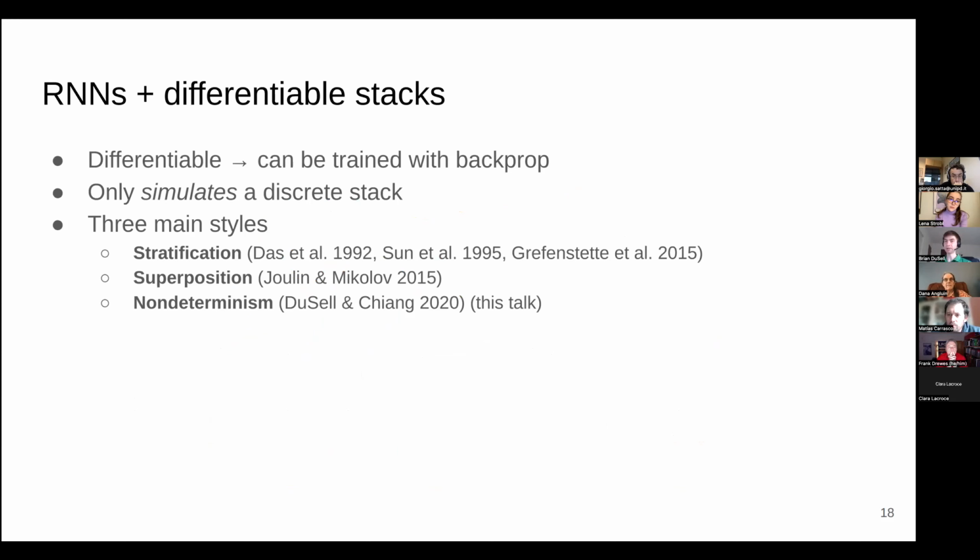The reason we like differentiable stacks is because they can just be easily plugged into an RNN, and then the whole network can be trained with simple backpropagation. The differentiable stack is not itself a discrete stack data structure, but you can think of it as a simulation of a discrete stack. And there are three main styles in the literature so far, which we call stratification, superposition, and our work, which is on non-determinism.